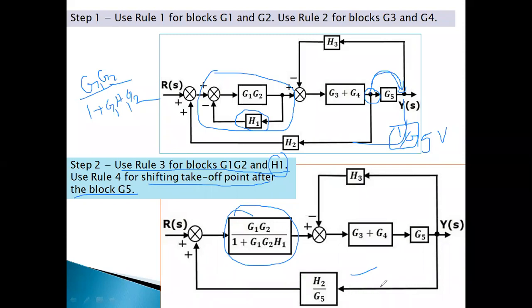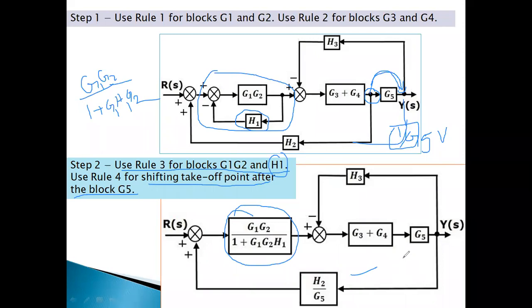Here I have merged these two blocks. These two are in cascade, that's why I have represented with H2 by G5. We can represent them with a single block, that is G5 into G3 plus G4. Note down that figure.